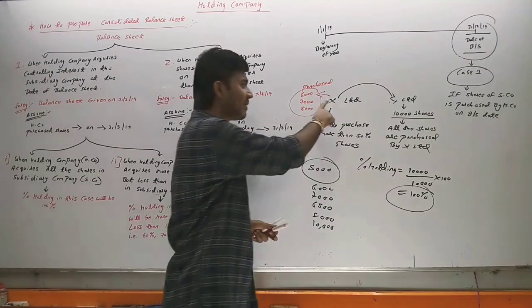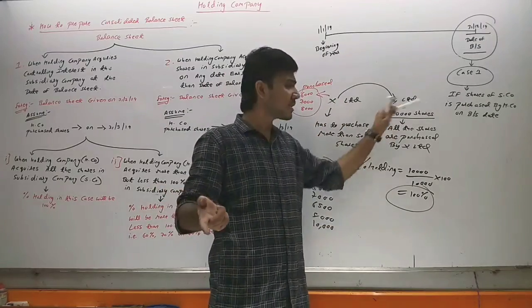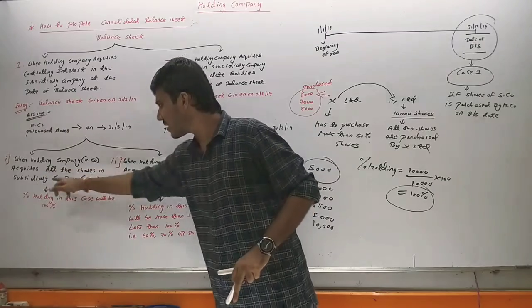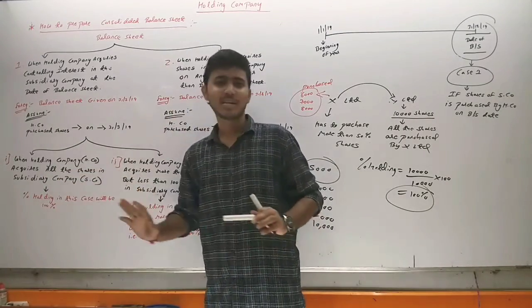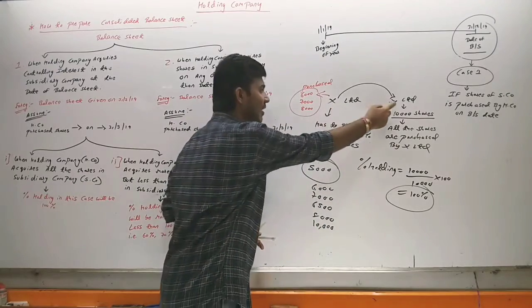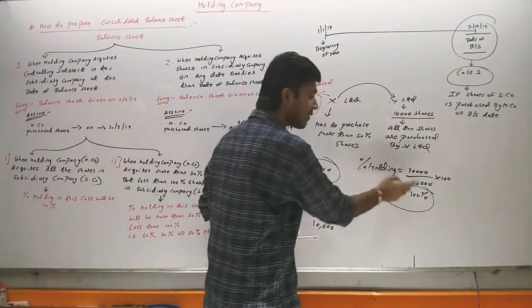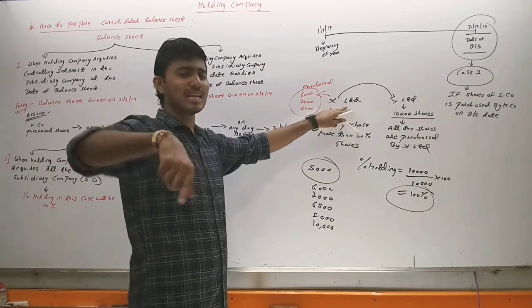If X Limited will purchase all 10,000 shares of Y Limited, then percentage holding will be 100%. But suppose that X Limited has not purchased all the shares.